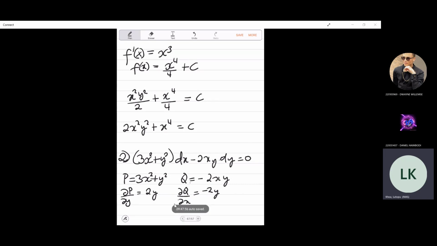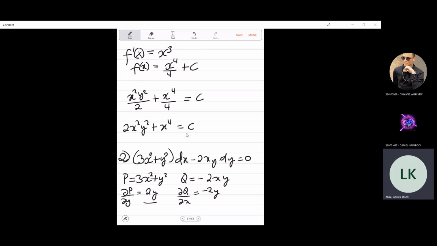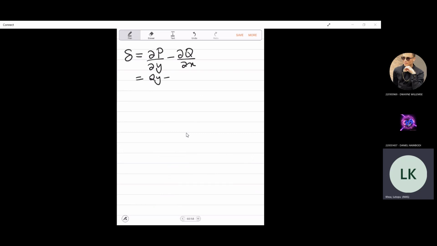So we need to see if we can find an integrating factor. So the first thing we do is we work out delta. Delta, we said this is dp/dy minus dq/dx. So this is 2y minus negative 2y, which is 4y. So then we have our delta, and then we say delta divided by q.